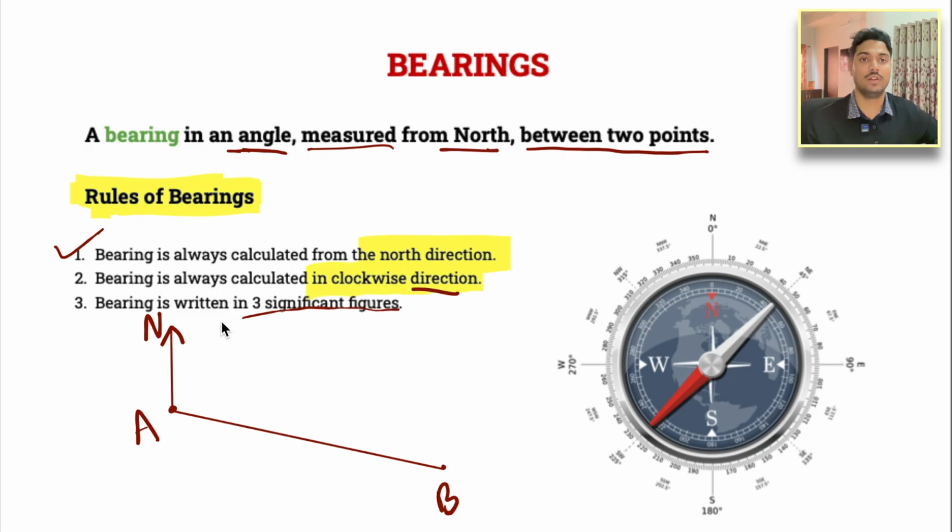That means when we have to find the bearing, which is an angle from the north line in the clockwise direction, this is the angle that we have to measure. And the bearing is always written in 3 significant figures. So for example, let's say this is 110 degrees. So this is how we will write 110 degrees.